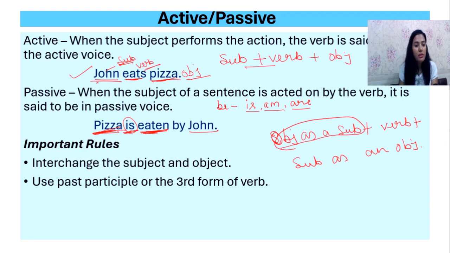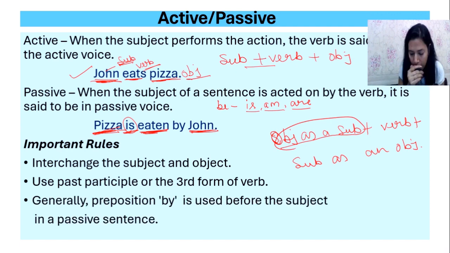John is the subject of the sentence in active voice, and now when we change it into passive, John becomes the object of the passive voice. John becomes the object of the sentence, but before you write the object here, you always put a preposition, and generally we use the preposition by, but in some cases with some specific verbs we change the preposition.